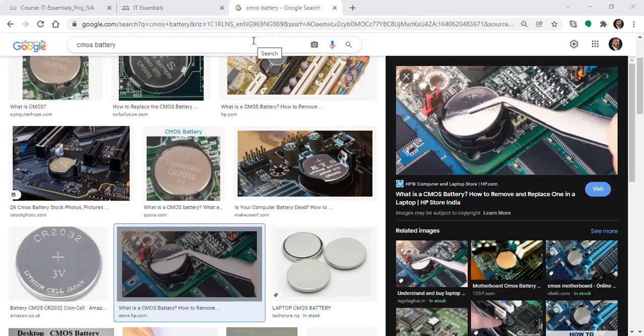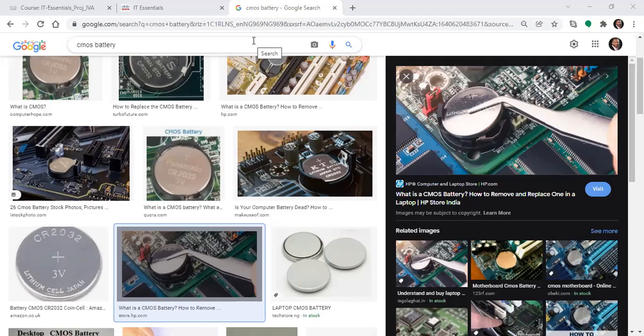Now, if this battery is missing on your motherboard, or this battery is low, because it's like a normal battery that sometimes expires, then you have to replace it. Anytime you turn on your system it will go back to the manufacturing date, and you have to reset it again.